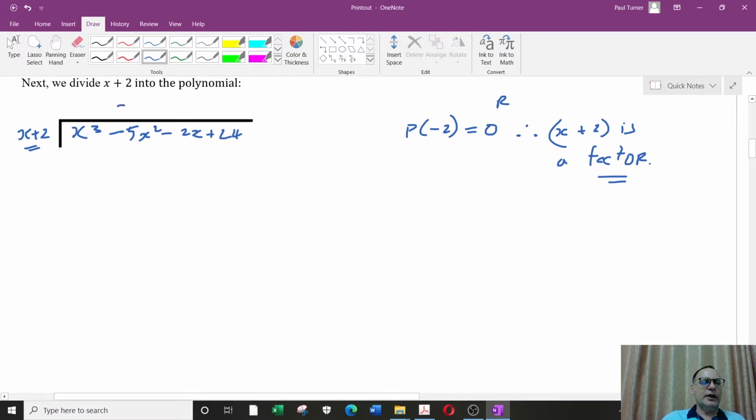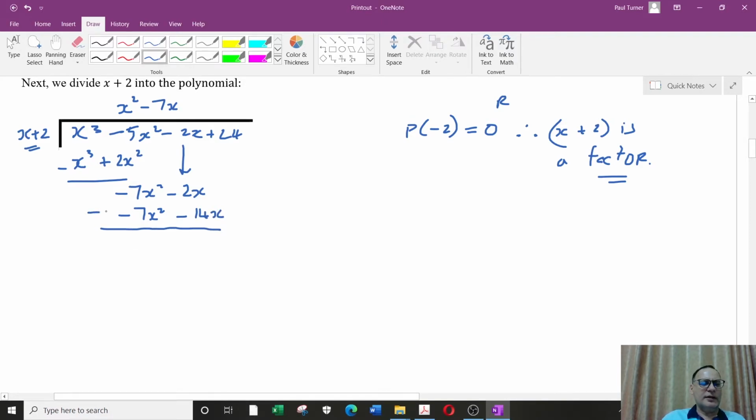So I'll put x squared times x, x cubed, x squared times 2, 2x squared, and then we subtract. Minus 5 minus 2, minus 7x squared. Bring down the minus 2x like before. Minus 7x squared, this must be minus 7x times x, minus 7x squared, minus 7x times 2, minus 14x.